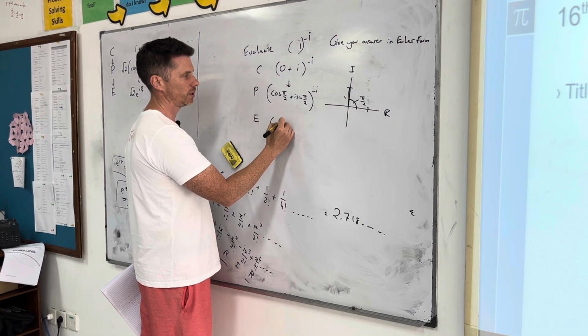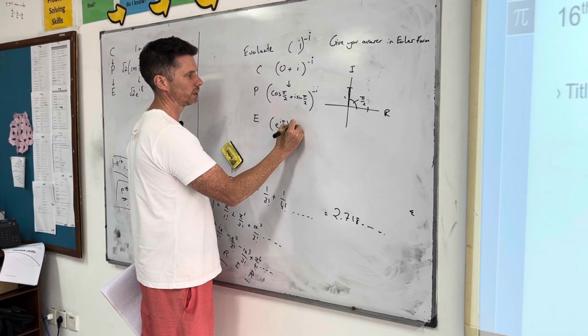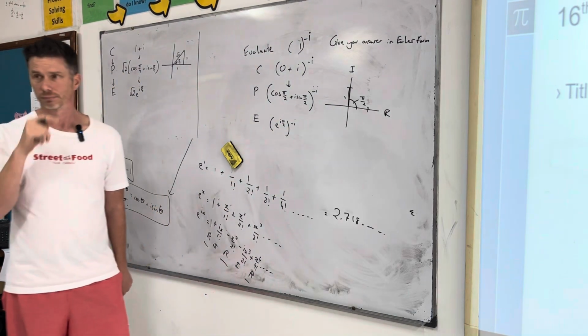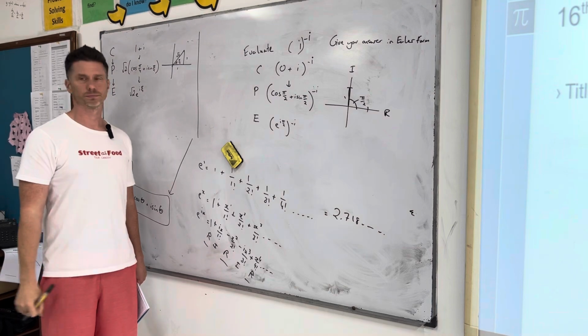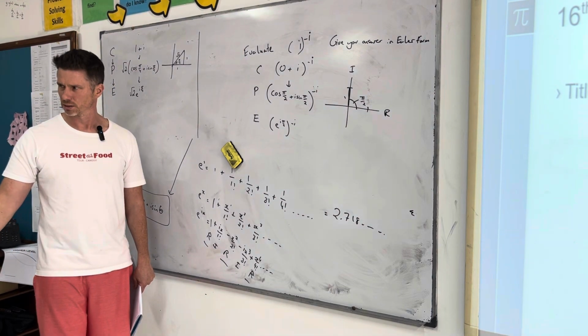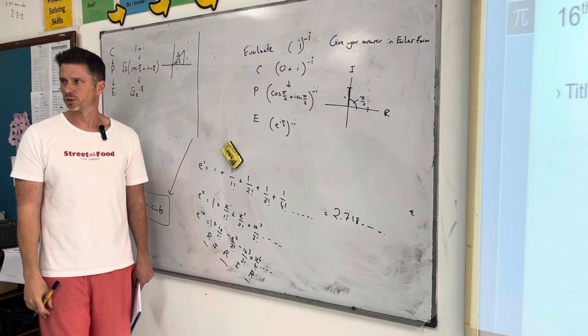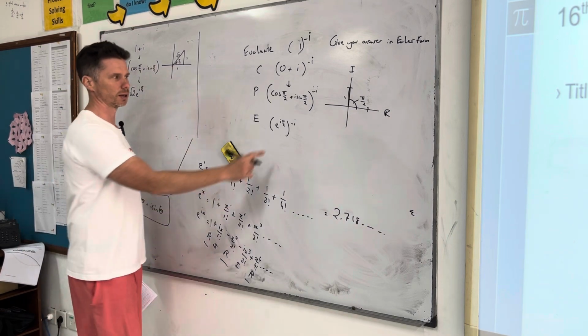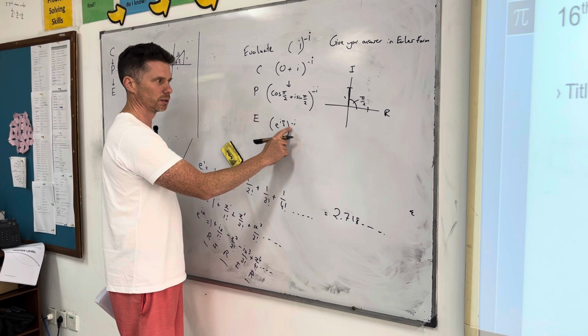e to the i pi over 2, to the power of minus i. Then you can multiply powers, can't you? So applying a power to a power is pretty easy. You just use the rules. That's a power raised to a power, so that's going to multiply.